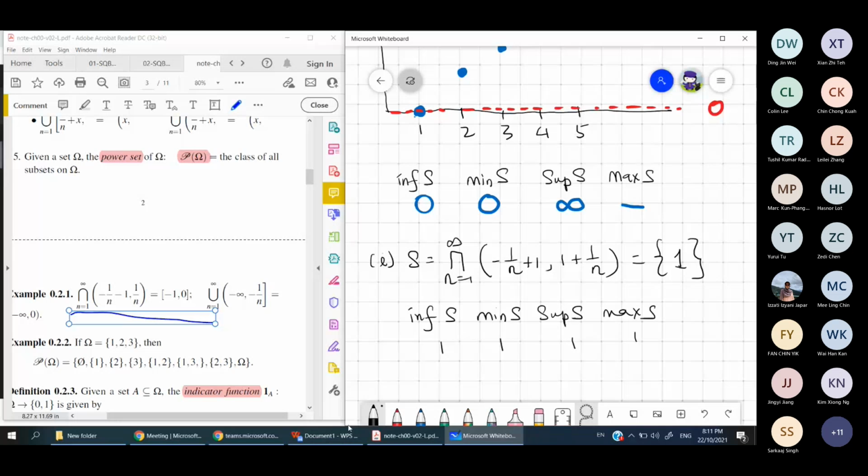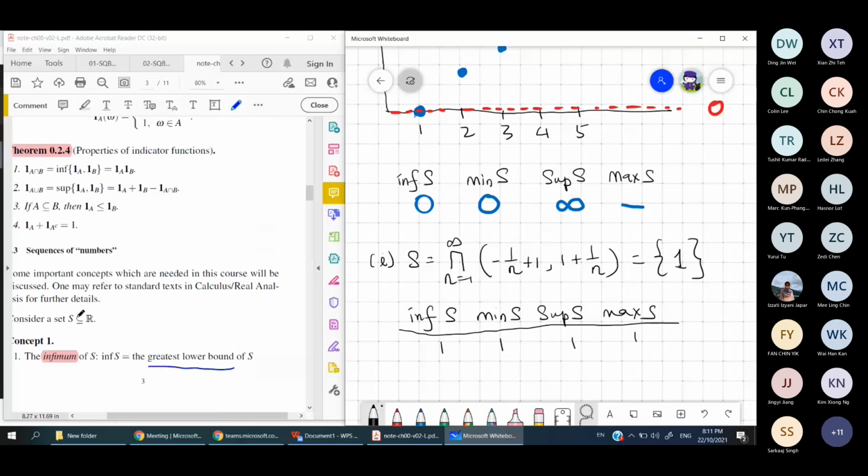Since this is only one element, it must be the infimum, it must be the supremum, and since it is inside, it must be the minimum and maximum as well. Okay, so this is how we can get these things.